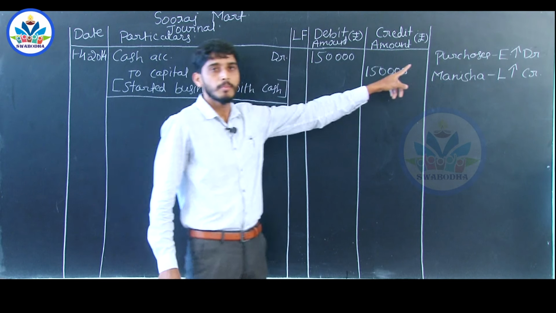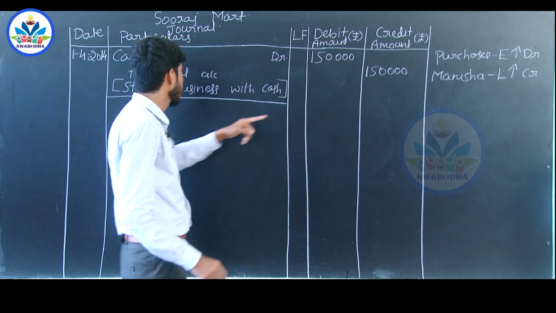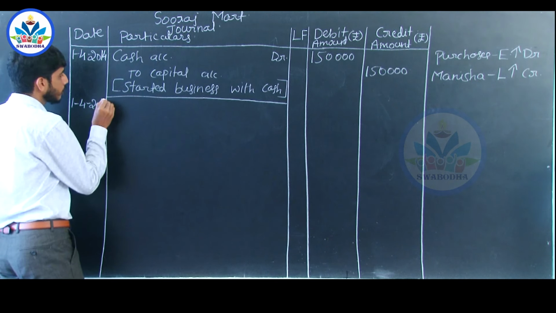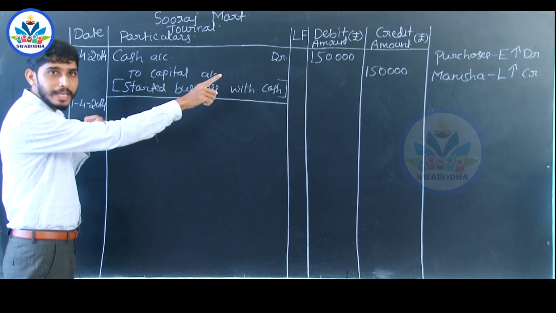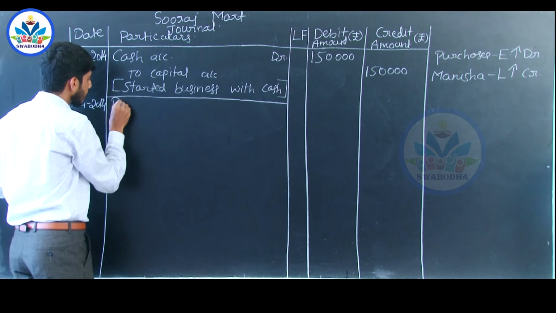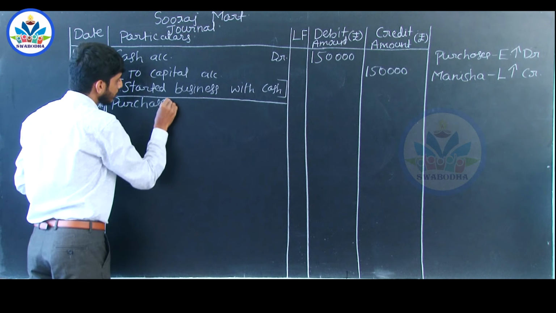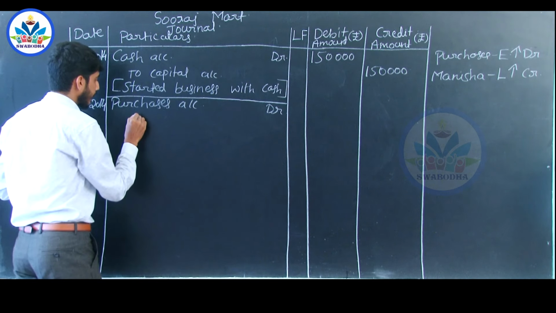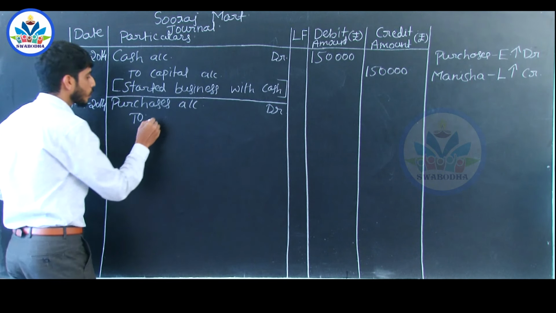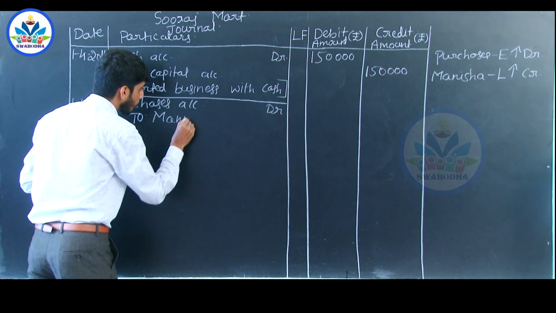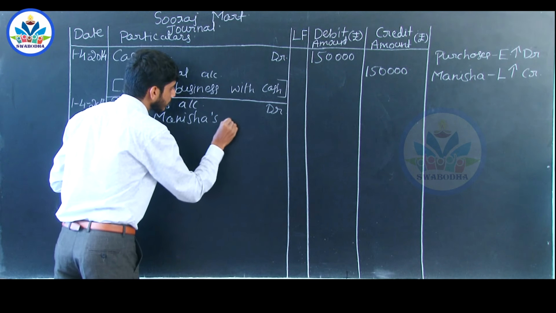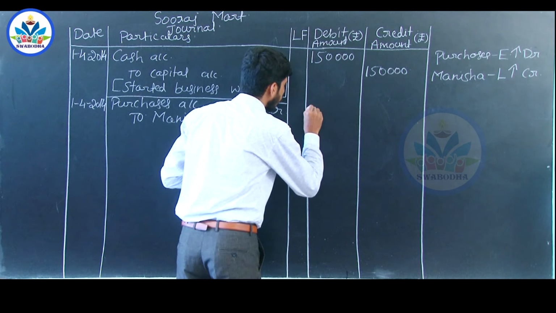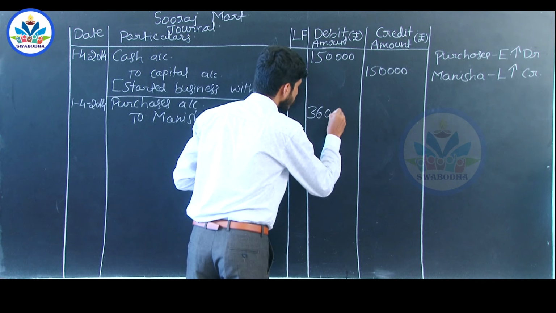So, based on this you have to pass the entry. The date is 1/4/2014, account that has to be debited is purchases account, and the account that has to be credited is to Manisha's account. The amount of purchase is 36,000.